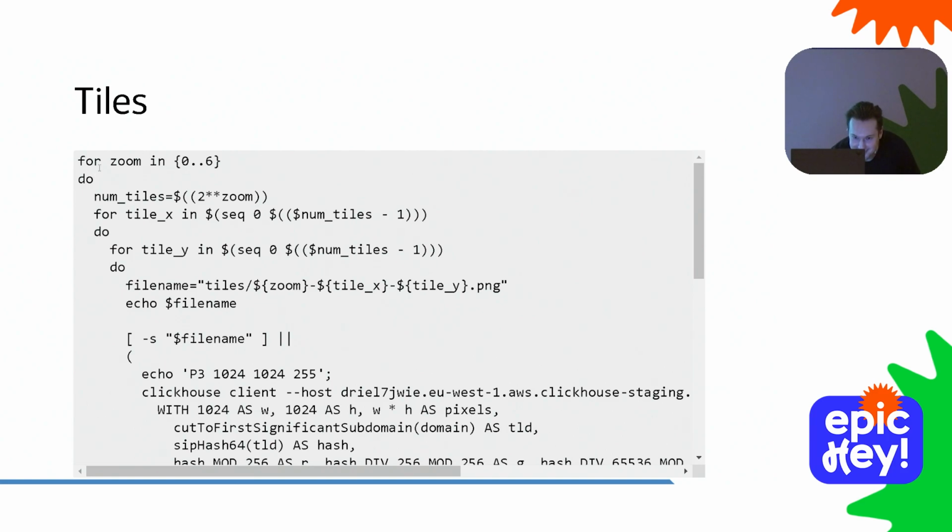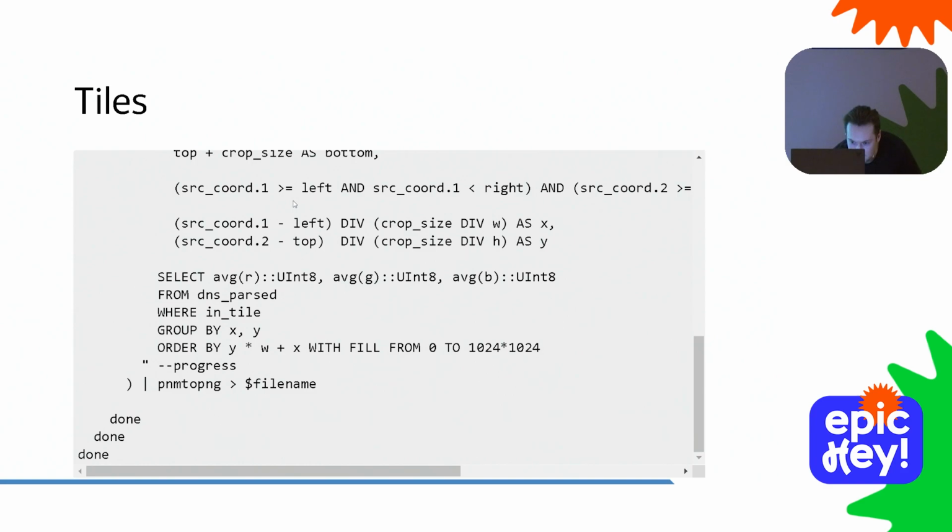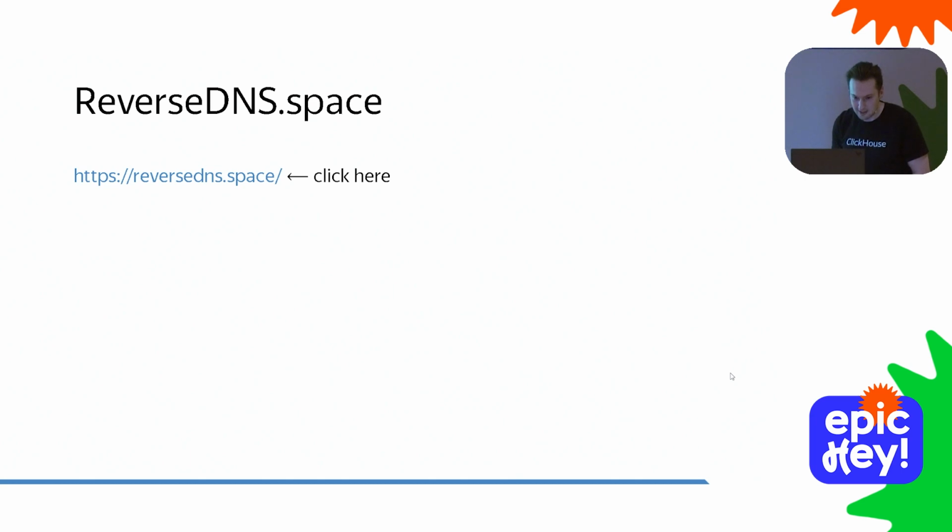I will iterate by zoom level, and for every zoom level, I will iterate by offset by x, and then run the same script as before. And I will get something like this. These are tiles.